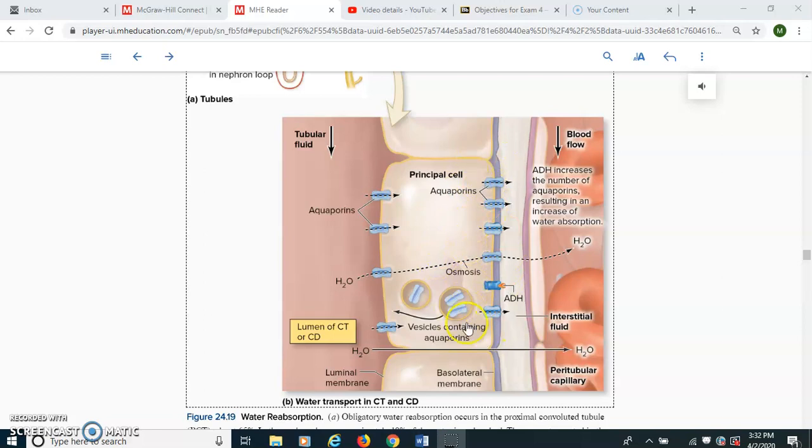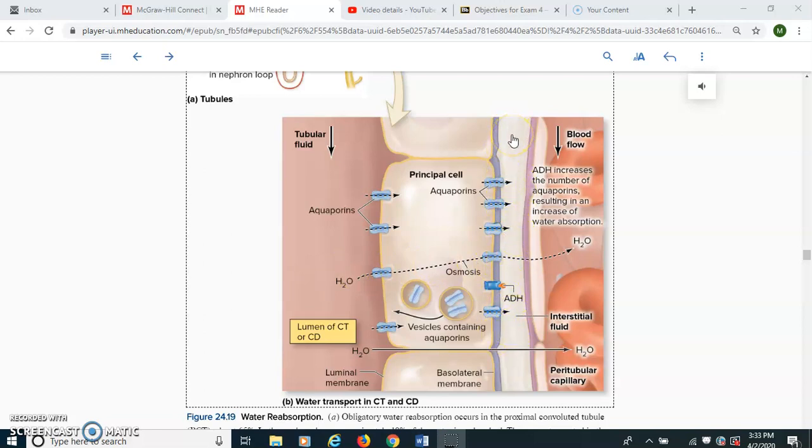So when we get more aquaporins, there's more ways for water to move from the tubular fluid into the blood. So the water will flow in that direction. The reason the water will flow in that direction, again, is based on the solute concentration being higher in the interstitial fluid. So it'll want to move that way just because of that reason.